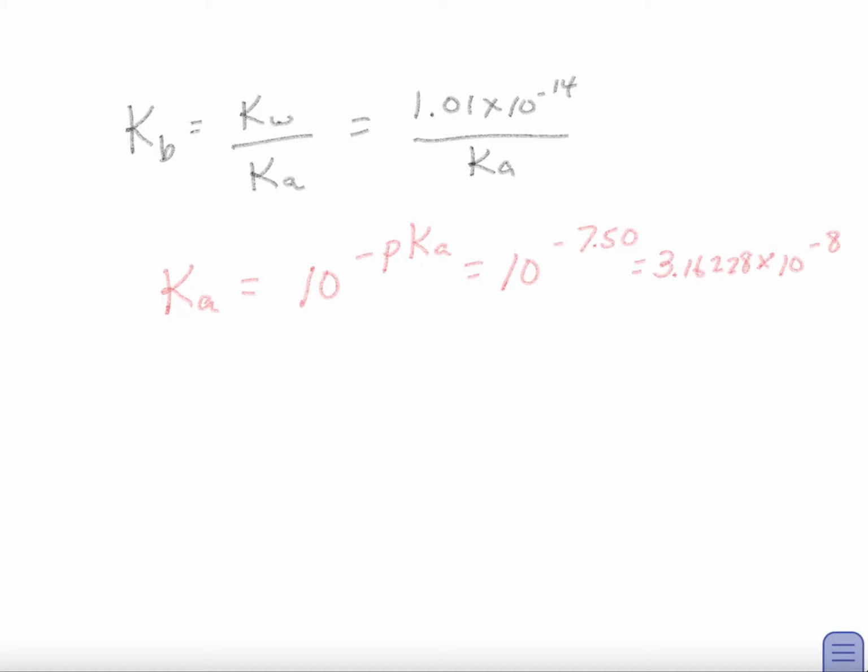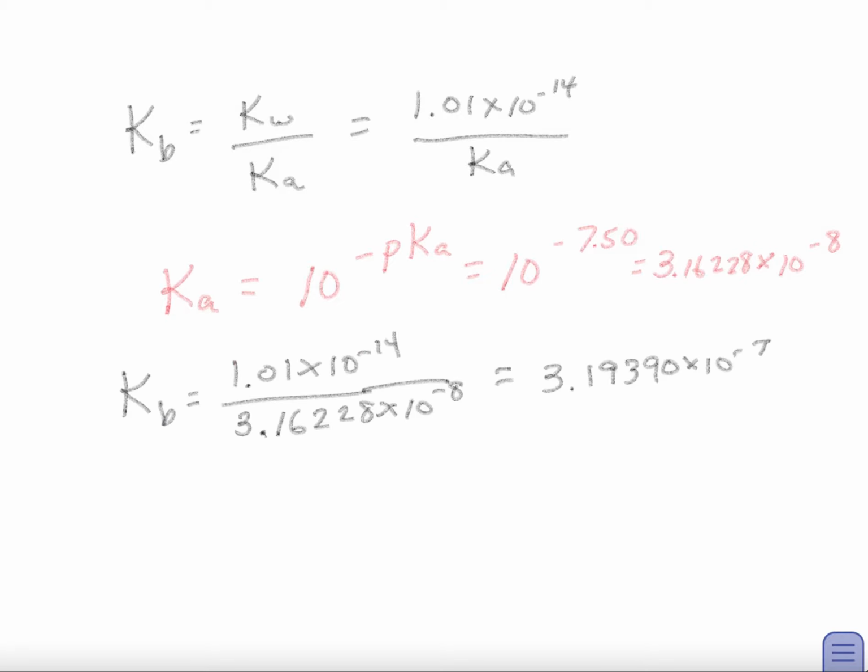He made it as hard as he could, I'm sure, giving us 2 or 3 extra steps, but we can find the Ka that we need in order to find the Kb, and we have to do that from the 10 to the X button on the calculator. So put in the pKa, make it negative, and then hit the 10 to the X button. Here we've got our pKa as 7.50, so negative 7.5, 10 to that power, gives you 3.16 times 10 to the negative 8. Put that on the bottom, and you can find your Kb.